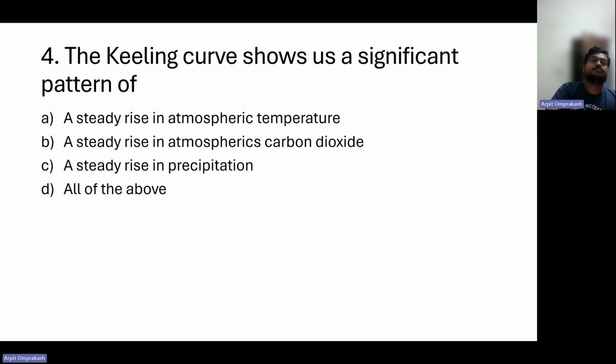Right. The Keeling curve shows us a significant pattern of: a steady rise in atmospheric temperature, a steady rise in atmospheric carbon dioxide, a steady rise in precipitation, or all of the above. The answer here is a steady rise in carbon dioxide.